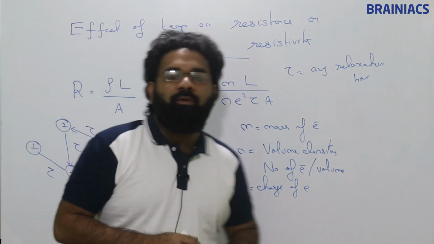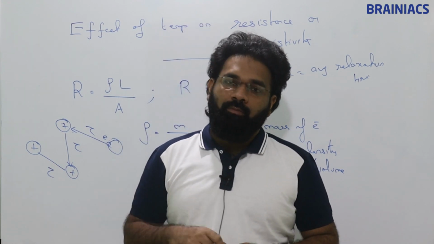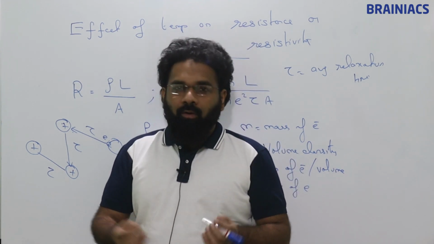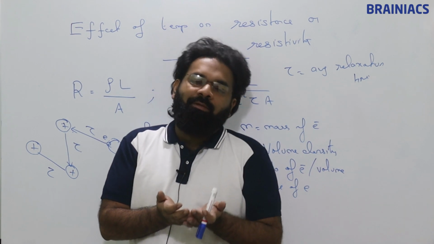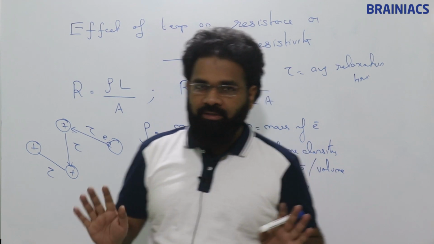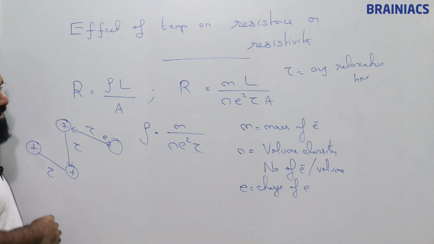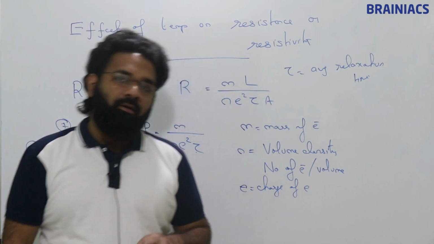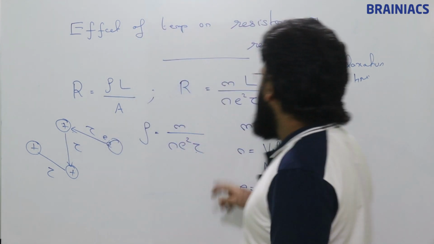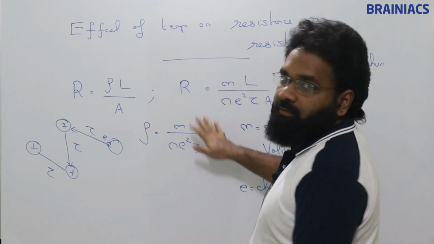The time between two collisions is the relaxation time, or we can say the time gap with which the electron relaxes a bit, remaining all the time it keeps on doing collisions. So when we consider the relaxation time of all the electrons, we take the average. We have seen all those derivations. That is average relaxation time. Clear? So this is the expansion of this formula.